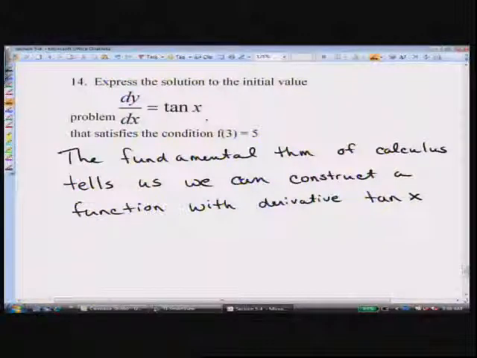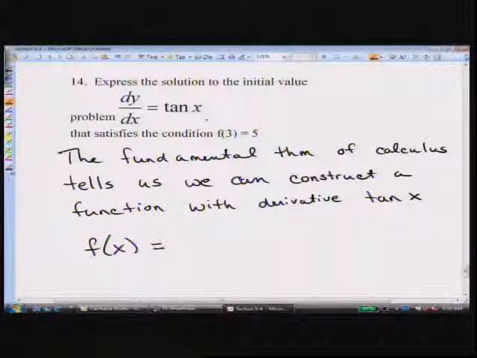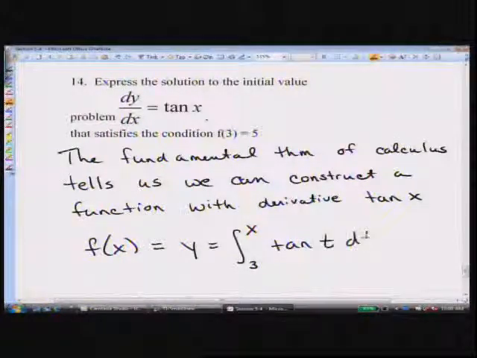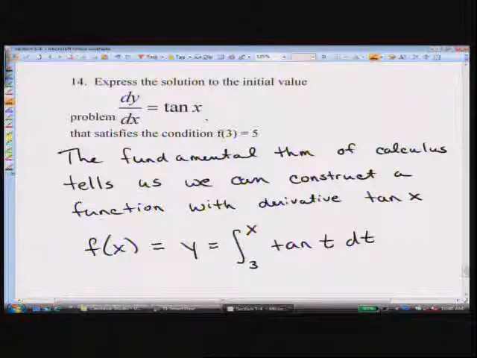So there is some function, f of x, which we'll call it like y, such that if we integrate from, in this case, 3 to x, we will get the tangent of t dt, or some dummy variable. Okay? So that's what this is saying. If I take the derivative of this function that I've constructed, do you guys agree now? It will just be the tangent of x.